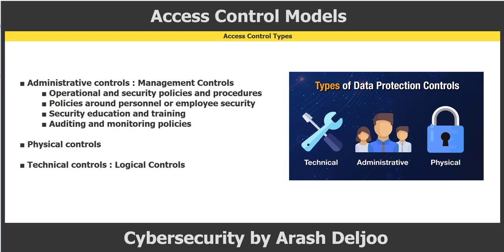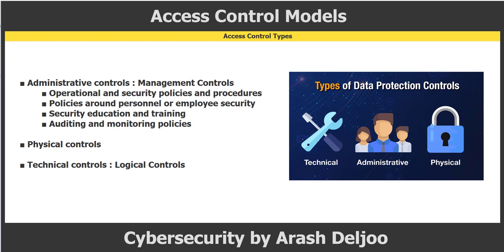Let me explain first about the administrative controls, sometimes called management controls. These include the policies, procedures around the definition of access controls, definition of information classifications, roles and responsibilities, and in general, anything that is needed to manage access control from the administrative point of view.